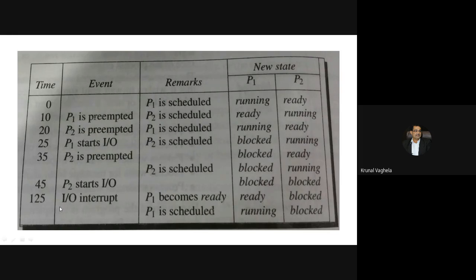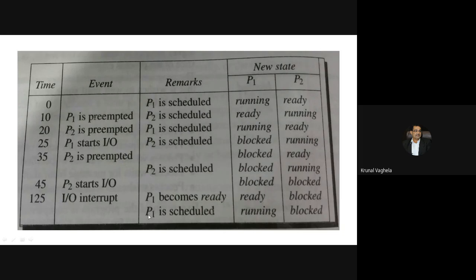Right? Then after, for example, 80 milliseconds, an IO interrupt will happen. That means the event for which the process was waiting will happen. Interrupt we have already seen. So now P1 goes from blocked to ready and P2 is still blocked.